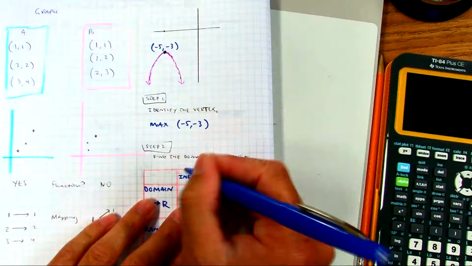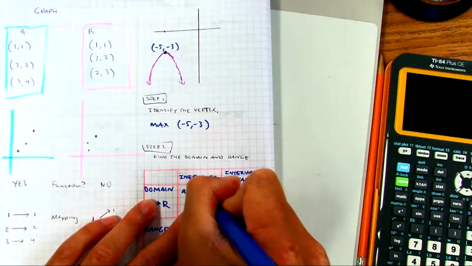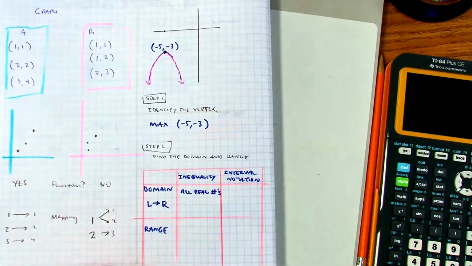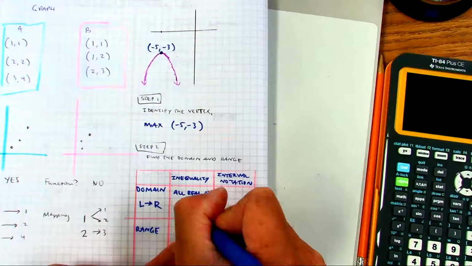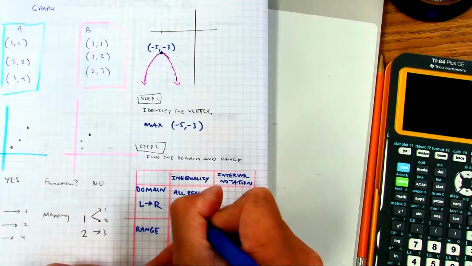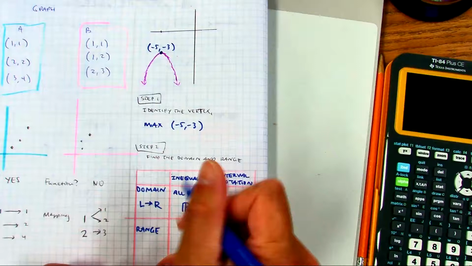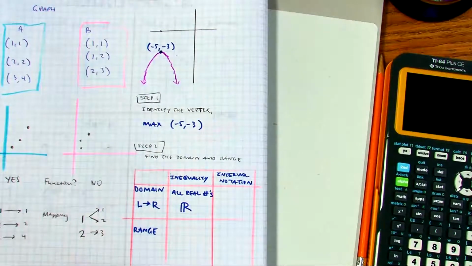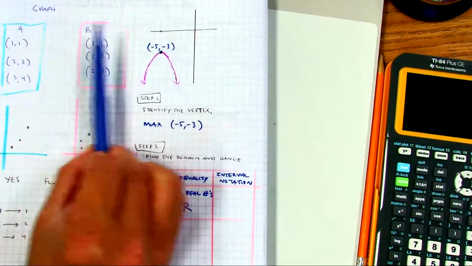The answer is all real numbers. We have a symbol for all real numbers. It's a capital R, but you kind of draw two lines there when you're doing your R. What does that basically mean? You can pick anything on the x values. Does that make sense?